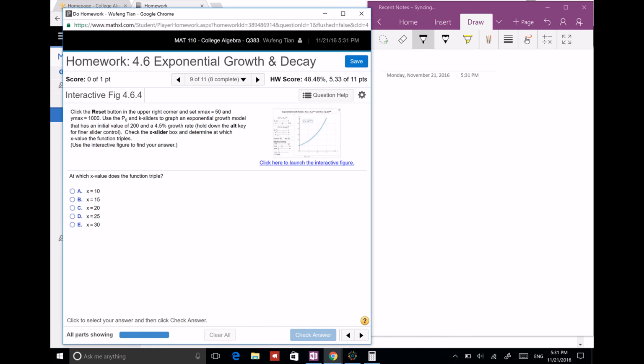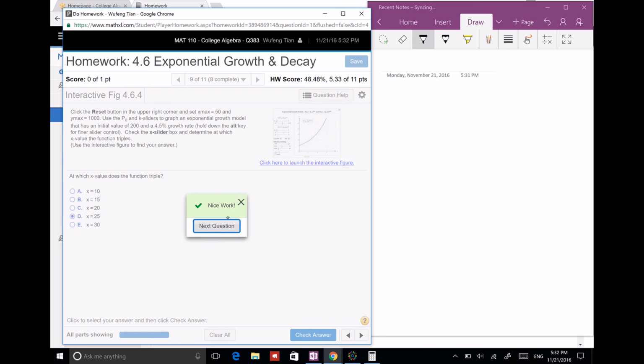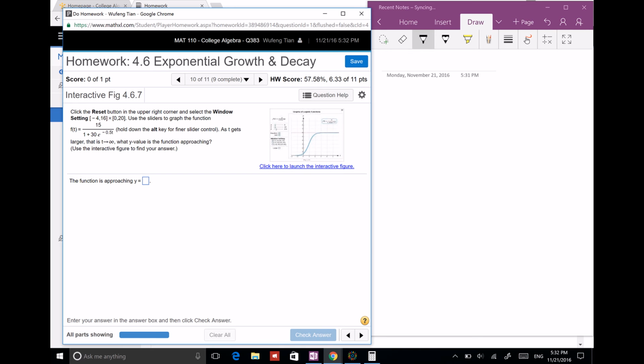Alright, so this one, maximum is 1000, 50, initial value is 200. That's the function. So initial growth rate, I think I just do 30. If not, just 25. I can't see the picture because I cannot install the software on my Surface Pro. So the function y approaches what as x gets larger?